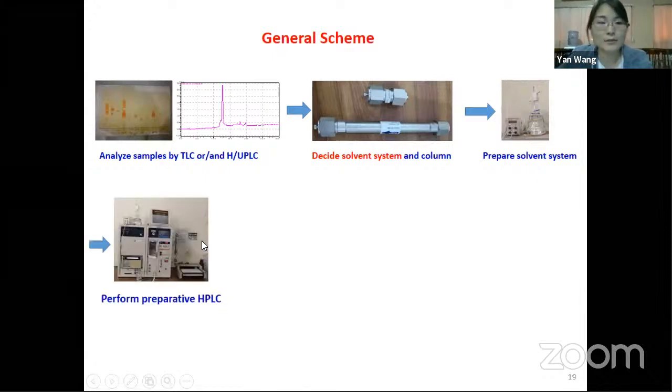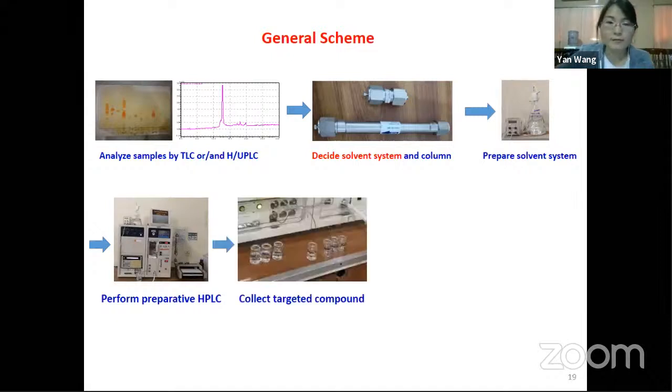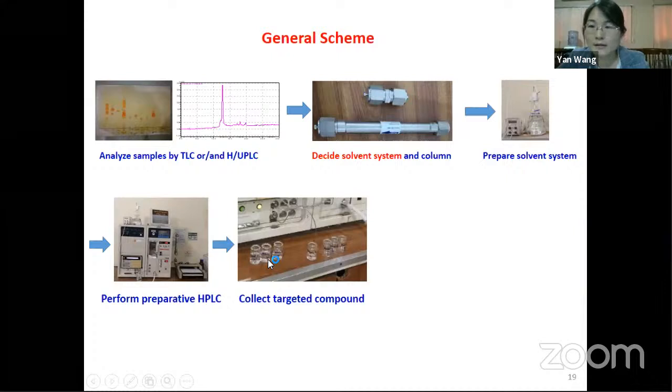And then we go to the machine part, right? We will go to the HPLC, then we work on this machine. Then we have the understanding about the sample. If you have two compounds you have to separate, you will get two peaks, and you will collect these two peaks separately.